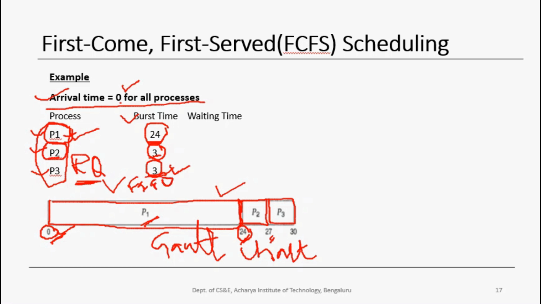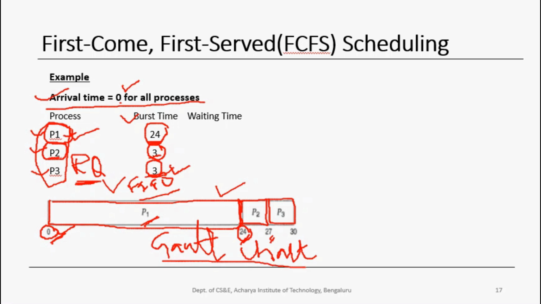P1 is picked up first for execution and it is given CPU. So P1 runs for 24 time units. Once it completes its CPU burst time, P2 is selected and it will run for another 3 units, and then P3 is selected. So that is shown with the help of this Gantt chart.